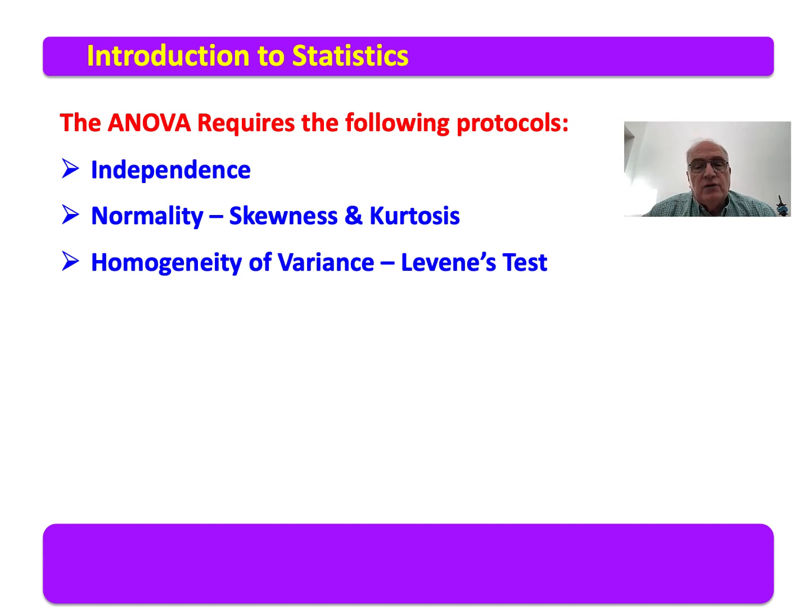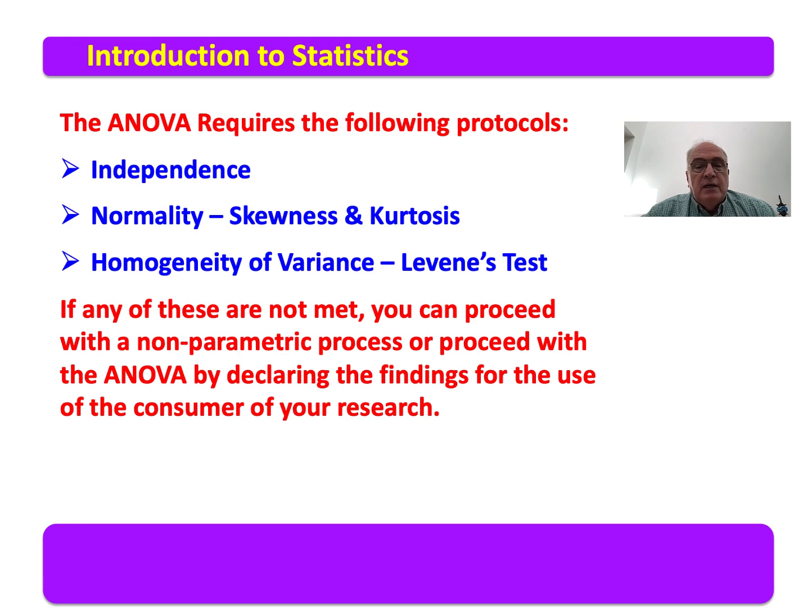When you conduct the ANOVA, you select that option and you move forward with it, and it will give you the finding. If any of these protocols are not met, you can either proceed with a non-parametric process, that's for non-normally distributed. Actually, the process is called a Kruskal-Wallis, or proceed with the ANOVA by declaring the findings for the use of the consumer of your research.